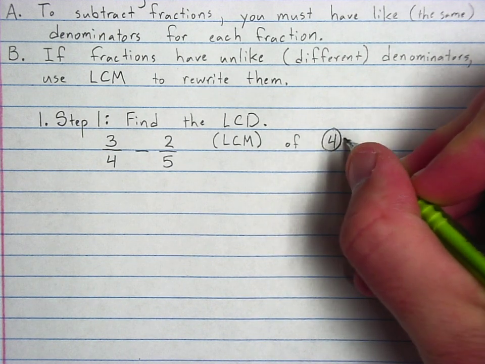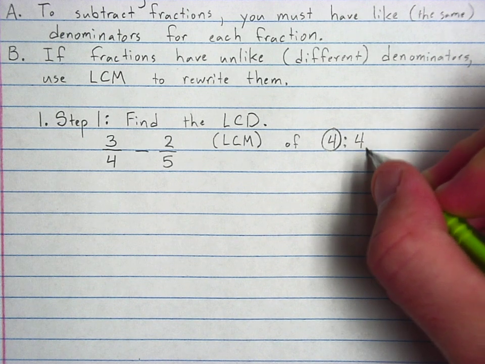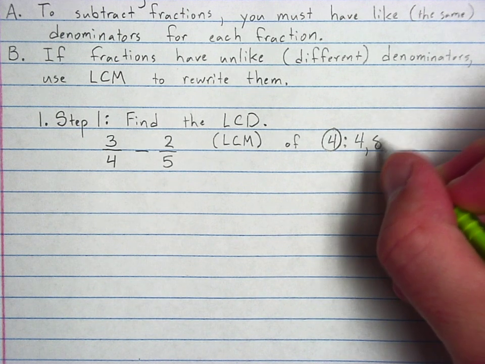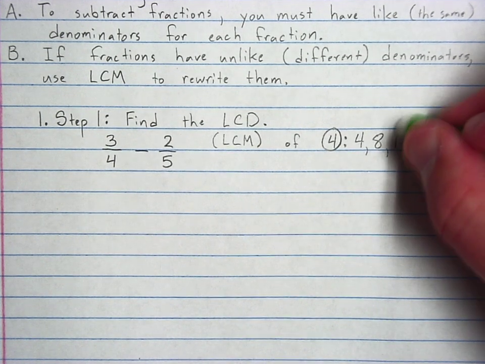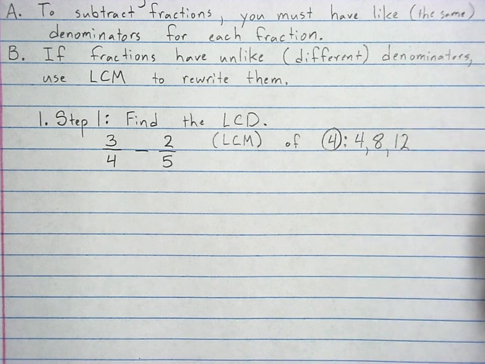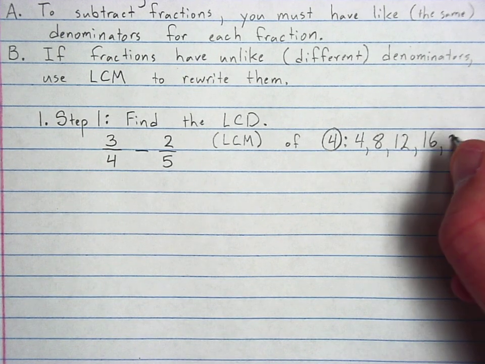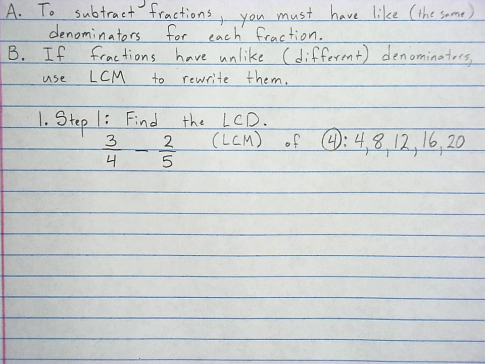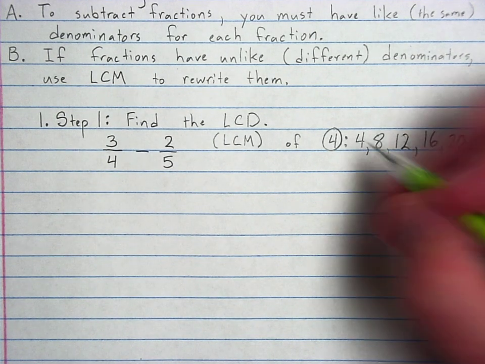So we'll start with 4. 4 times 1 is 4. 4 times 2 is 8. 4 times 3, whoops, almost wrote a 3. Better be careful, Mr. Landre. There we are. 4 times 3. 4 times 4, 4 times 5, and I think a lot of you probably recognize that's about as far as we're going to need to go.